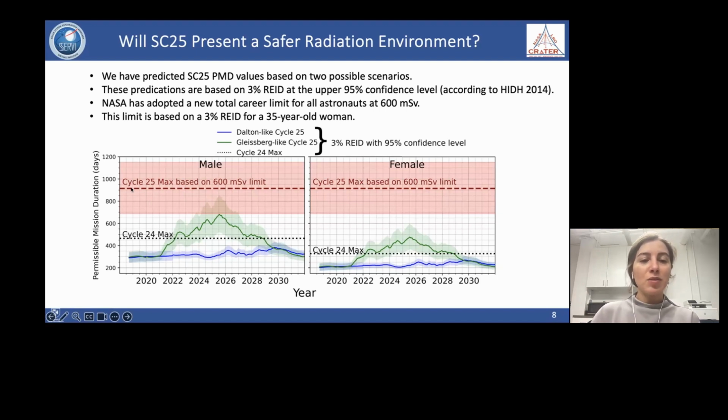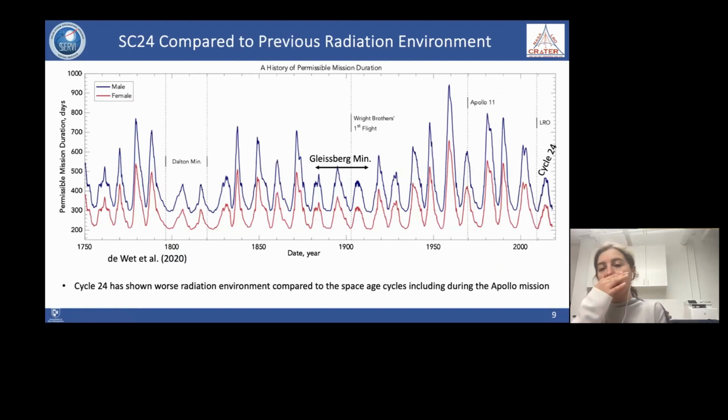The reason it is so much higher than what we had predicted in our 2020 paper is because of NASA using a new standard. So to compare apples with apples, here I have a plot that shows the permissible mission durations based on the old standard for all the solar cycles all the way back to 1750.